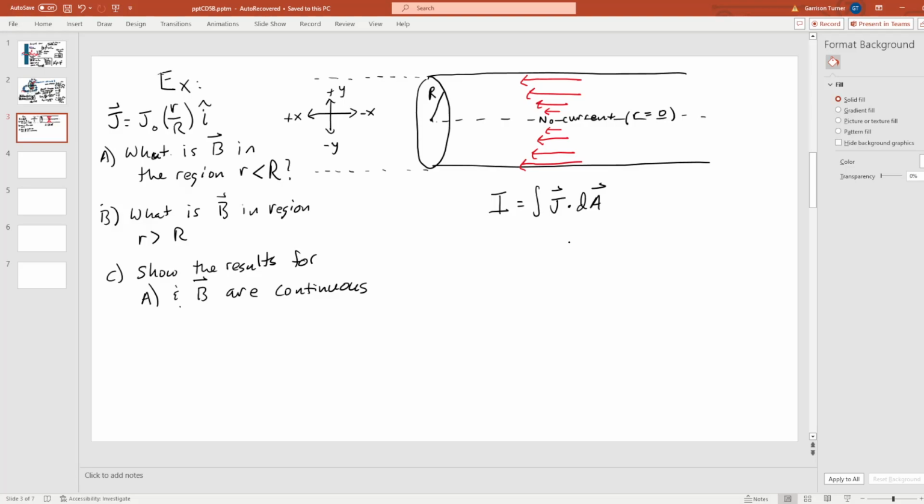Okay, but it's very similar to non-uniform charge distributions from Gauss's law. Okay, the technique is very, very similar. Okay, so first things first, let's just compute what is the total current.